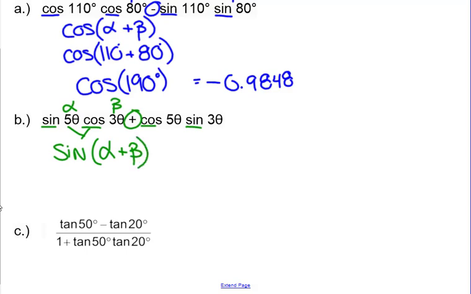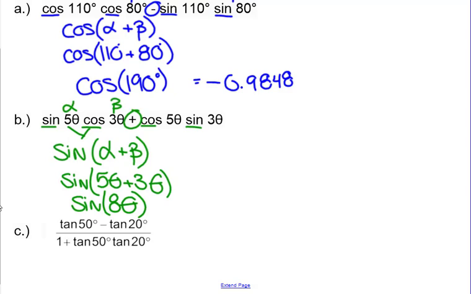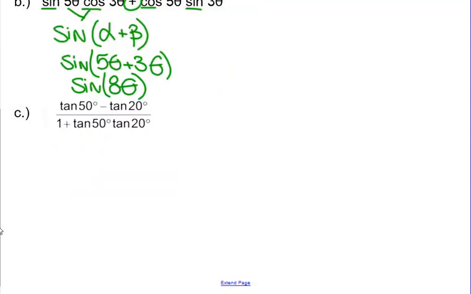And in this case, our alpha is 5 theta, and our beta is 3 theta, which together gives us sine of 8 theta.